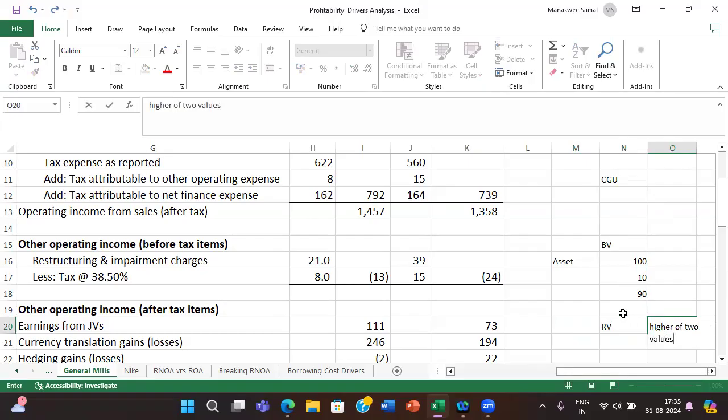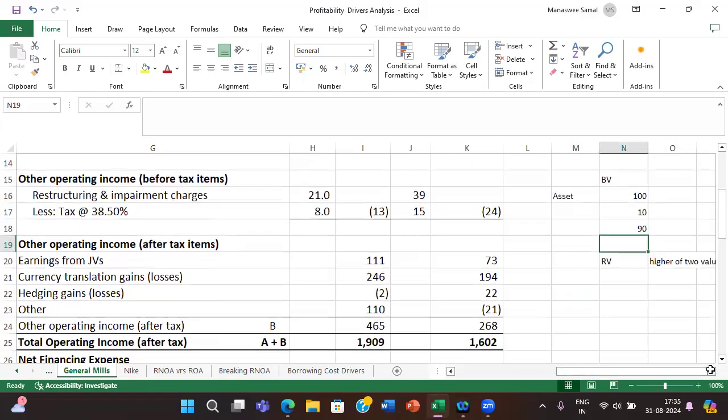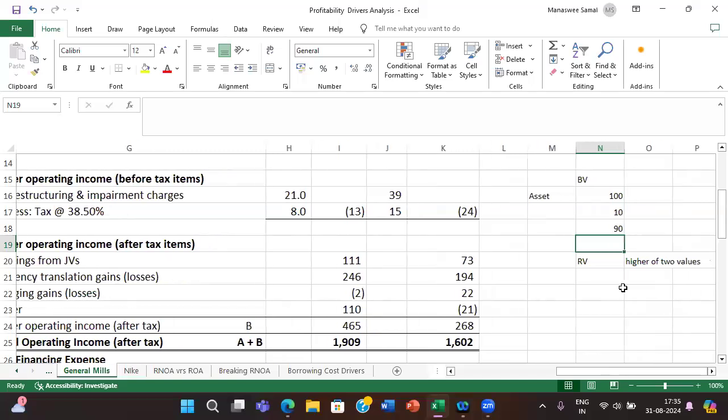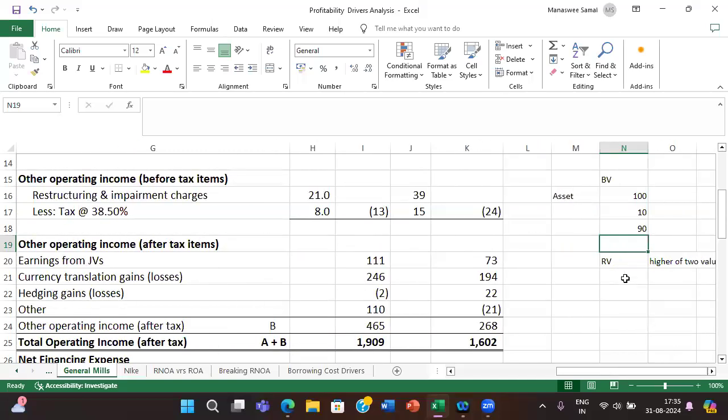And what are those two values? It's not very complicated. You just need some patience to connect. So the higher of two values. What are those two values? One is, let me just type it out, fair value of the asset less cost of disposal.